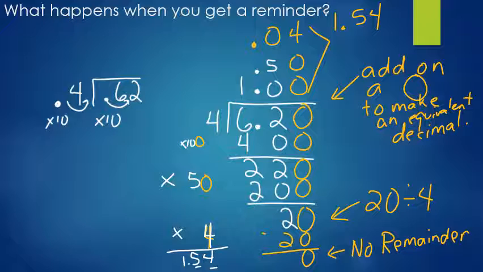We can keep adding zeros as long as we need to. And remember, these are equivalent numbers. 6 2/10 is equivalent to 6 20 hundredths. So just add a 0 on and keep dividing until you don't have a remainder. Pause the video and study this or talk about it with your teacher.